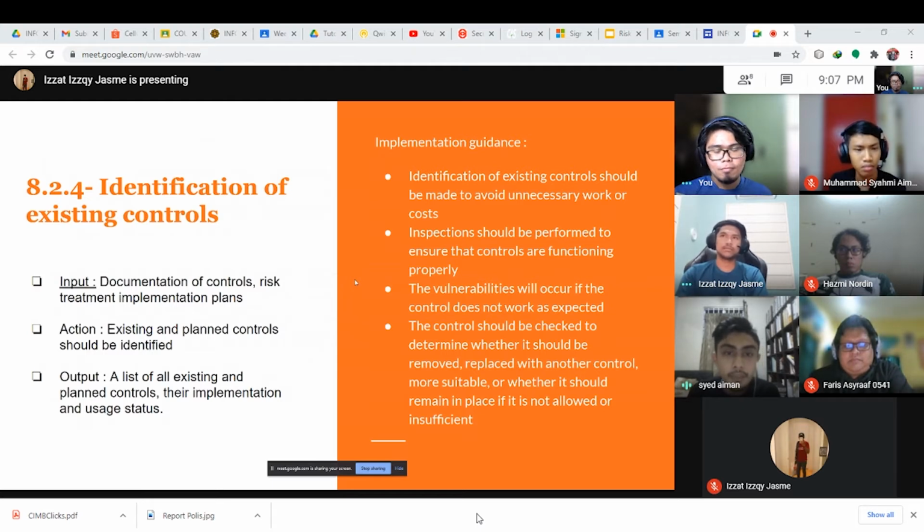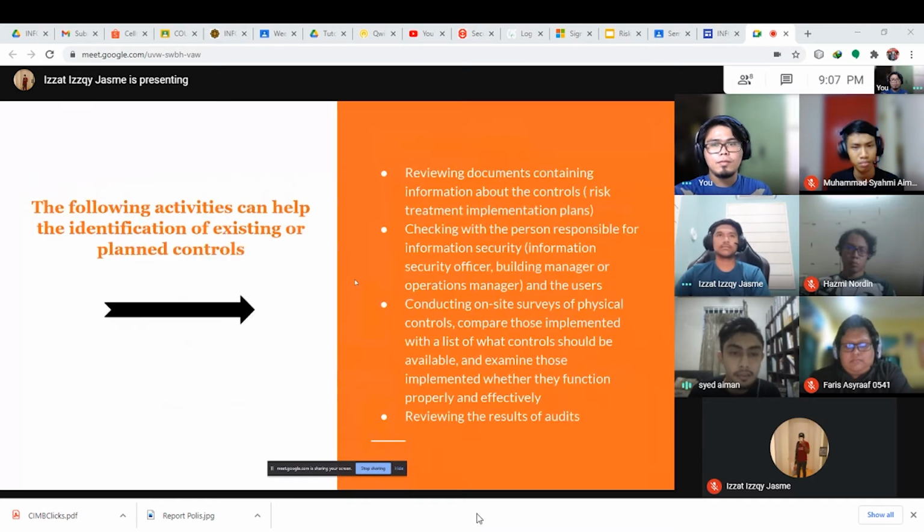For the implementation guidance, first, identification of existing controls should be made to avoid unnecessary work or cost, for example overlapping controls. Then inspection should be performed to ensure that controls are functioning properly. Third, vulnerabilities will occur if the control does not work as expected, and the control should be checked to determine whether it should be removed, replaced with another more suitable control, or whether it should remain in place if it is not allowed or insufficient.